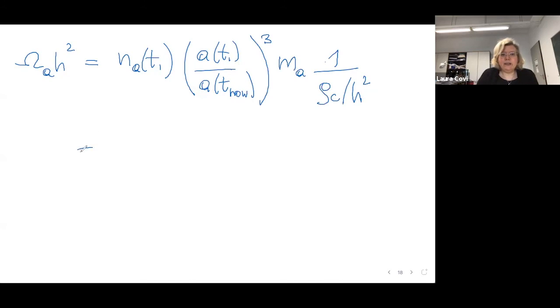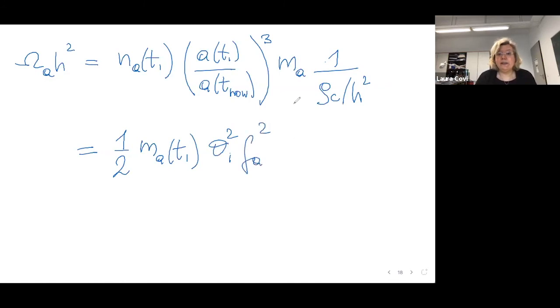As we had before, we can plug in n_a, and I wrote it just now. I had m_a at the time T1, and I had in principle the initial theta_I, the initial value, squared, and f_a squared. And then, of course, I have this rescaling by the scale factor.